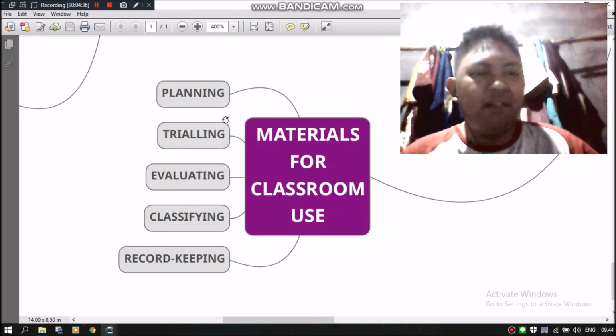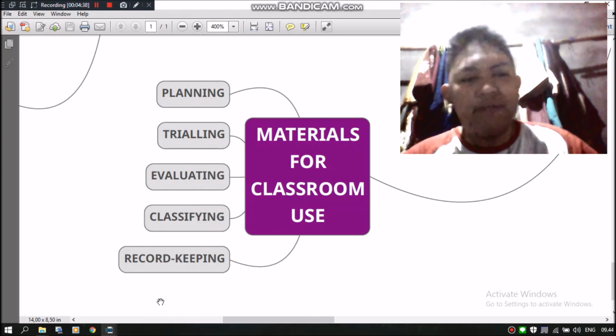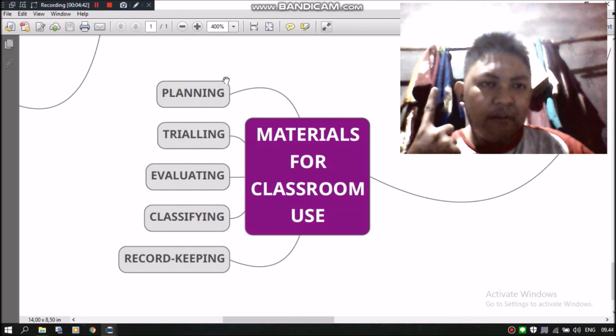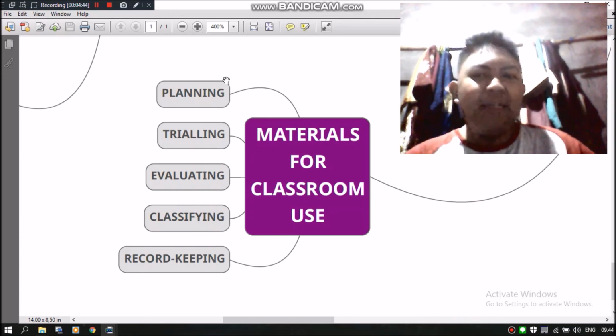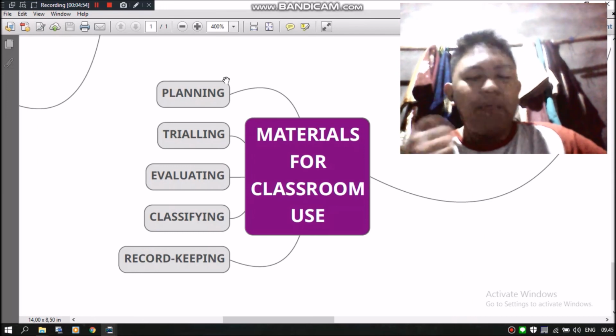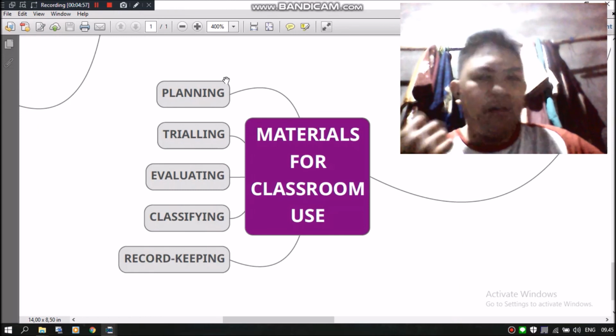The first is planning, second is trialing, evaluating, classifying, and record keeping. So first, planning. You need to plan what you want to use and what you want to learn, because planning is basically the backbone of every activity.